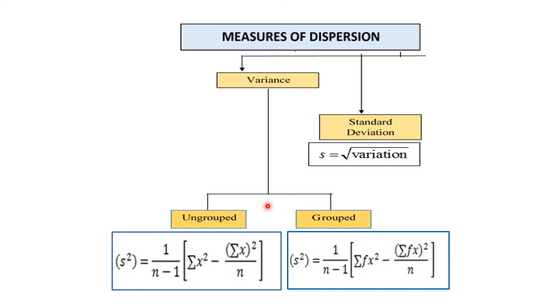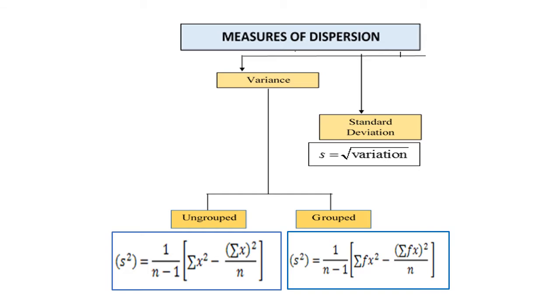However, the formula there is actually a bit different from here. It is because the formula that you learned in secondary school is purposely for the population. However, in our case here, we focus on the sample.